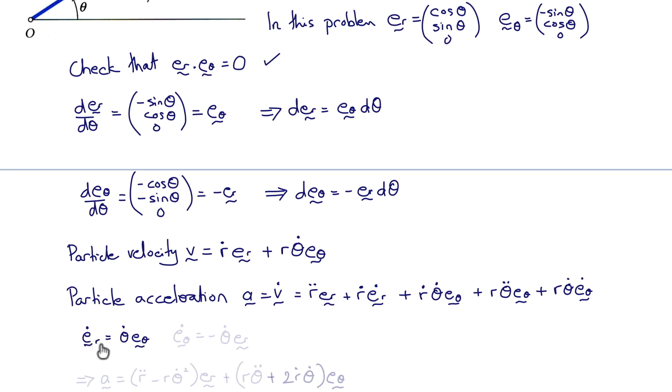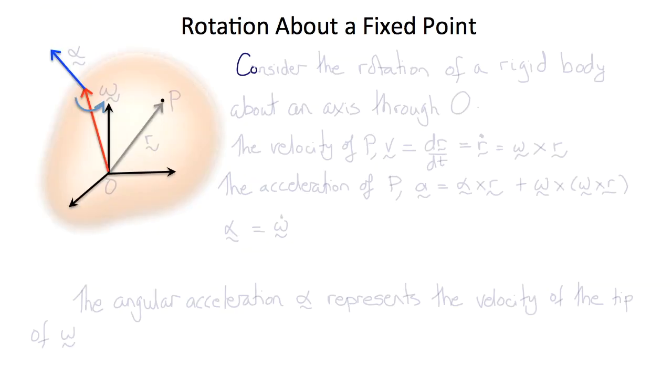In other words, d e_r dt equals d theta dt e_theta. And e_theta dot, which is d e_theta dt, equals minus theta dot e_r, which allows us then to write a equals r double dot minus r theta dot squared times e_r, the radial component, plus r theta double dot plus 2 r dot theta dot times e_theta, the circumferential component of the acceleration, in this case when the motion includes a change of radius as well as a change of angle.